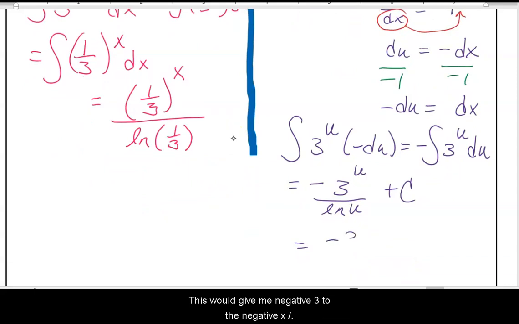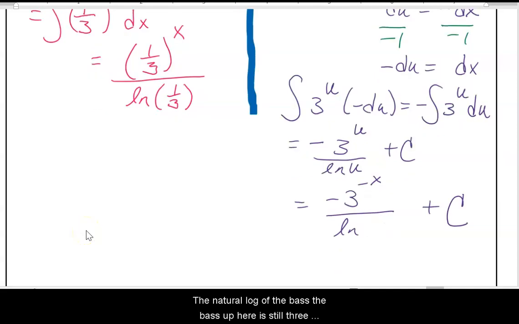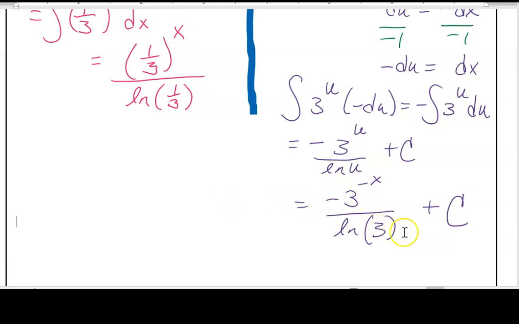This would give me negative 3 to the negative x divided by the natural log of the base. The base up here is still 3. The negative is not a part of the base because it's not in parentheses. Then I have the plus c.